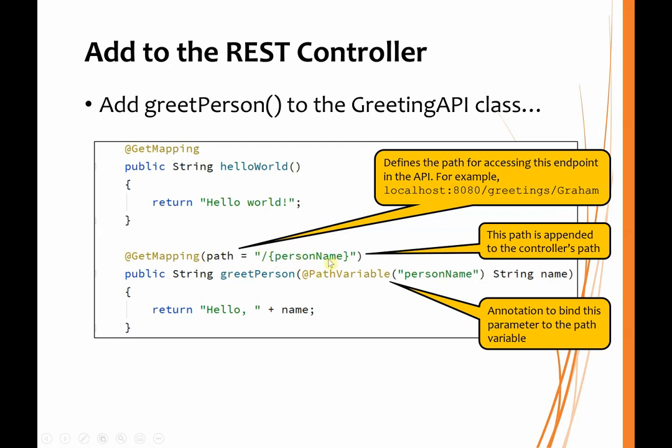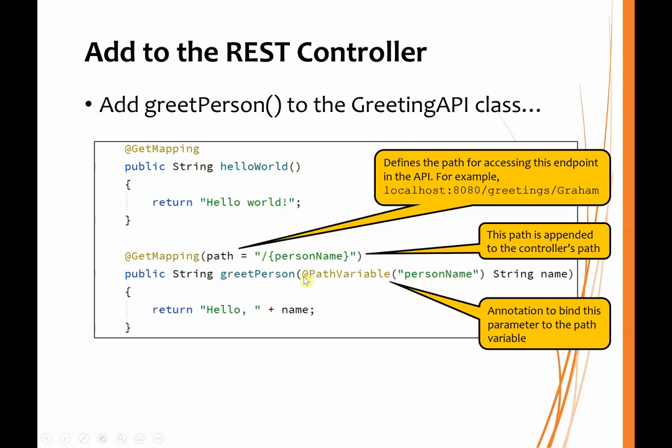And we can access that variable value by using in the parameter list for the method @PathVariable, and then in brackets the name of that variable. So the name of the variable defined in the path is person name.